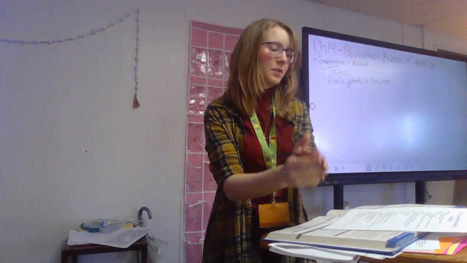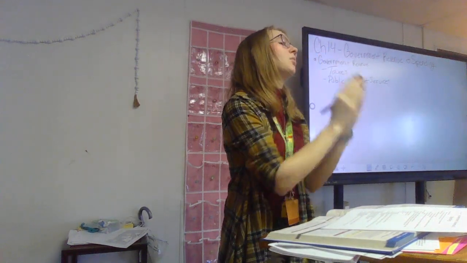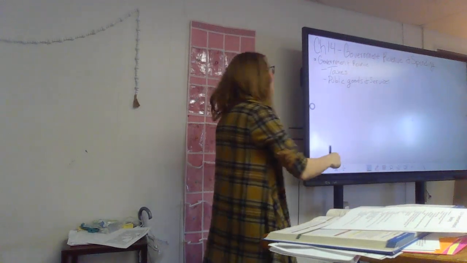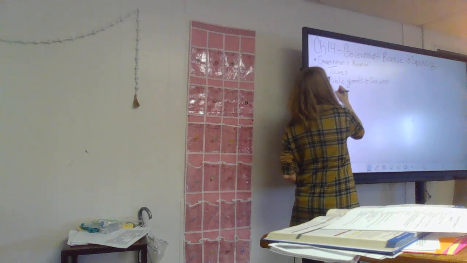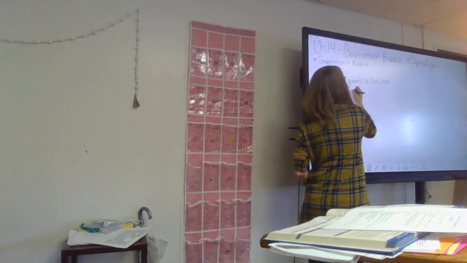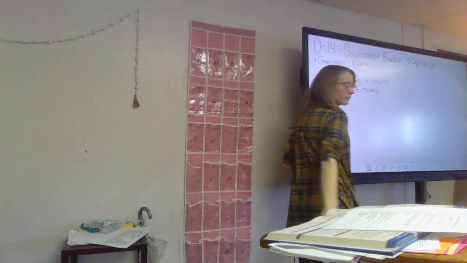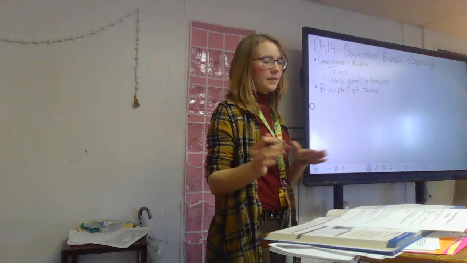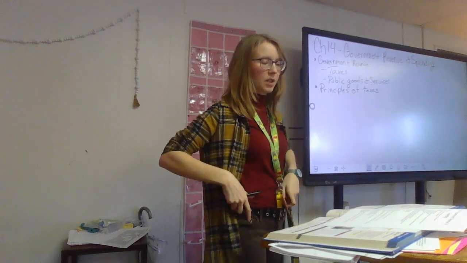So, before we start talking about what happens with that tax money, we need to talk about what it is, what rules it follows, where it comes from. Okay, so the principles of taxes. There are two main principles that taxes follow, two different ways they can work.